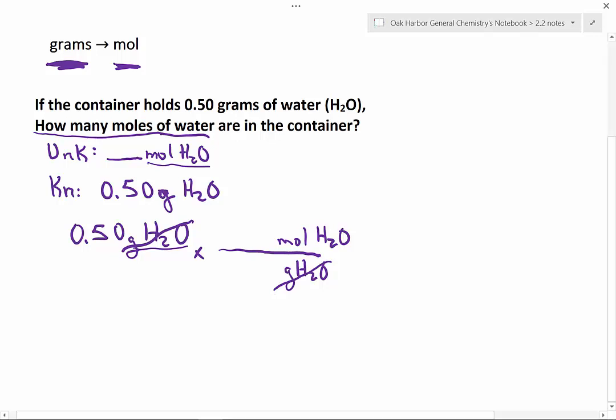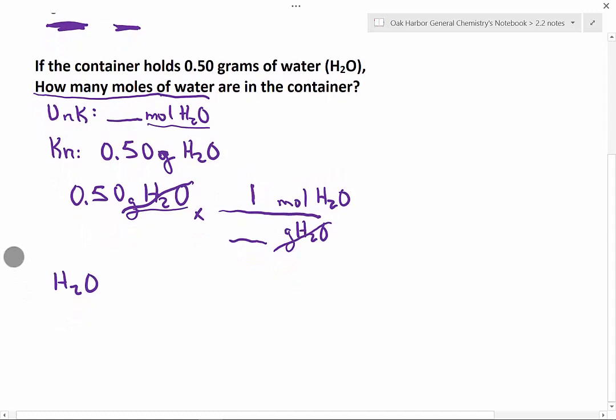We also need numbers here to go with moles and grams. So in this particular case, we need to know the molar mass, the number of grams in 1 mole of water. So I'm going to think about that here with H2O. That has 2 hydrogens and 1 oxygen.